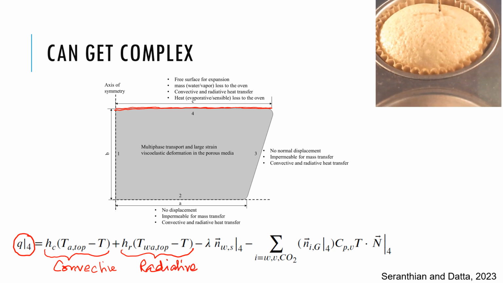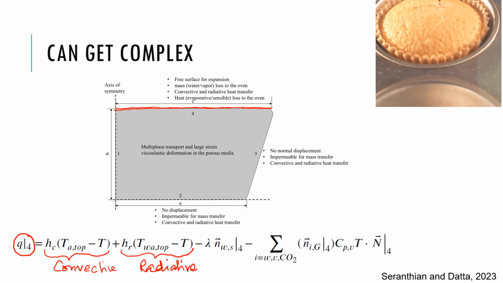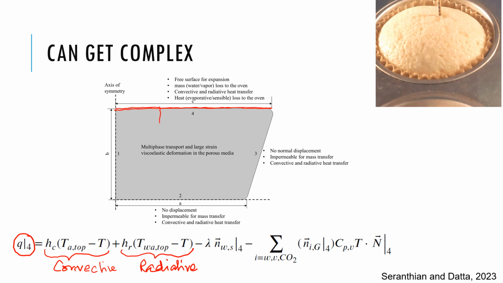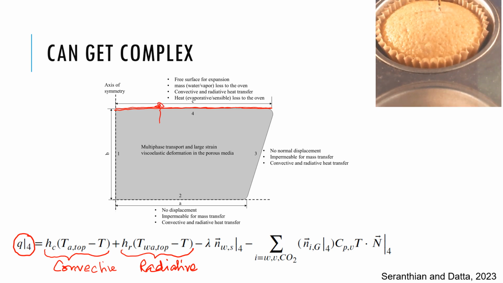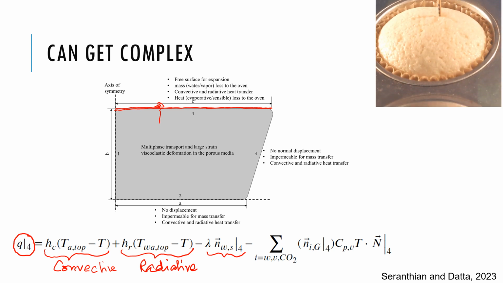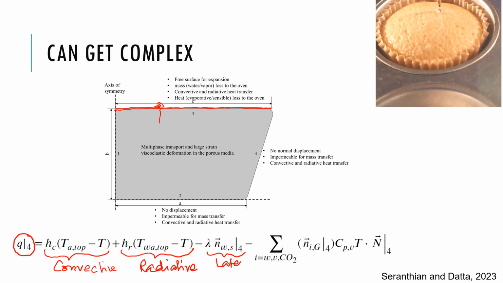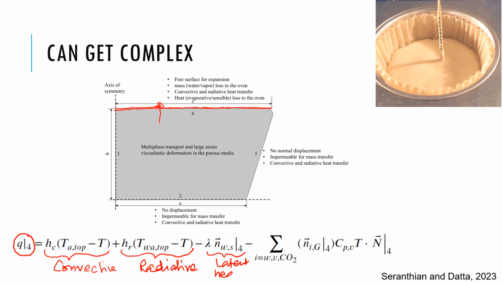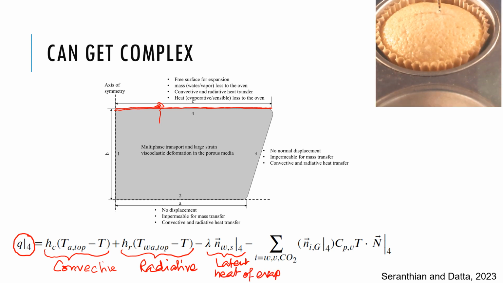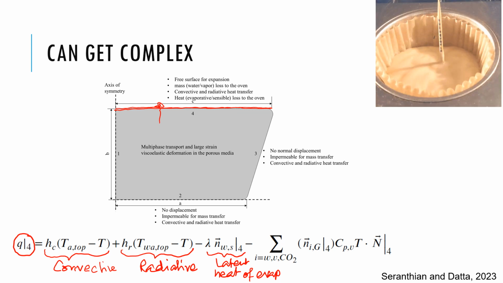So I have a radiative component. So this one says how much radiative heat is coming to the surface. Then as the water comes to the surface and it evaporates, so I have this one. This is the latent heat of evaporation, okay, that's happening at the surface.